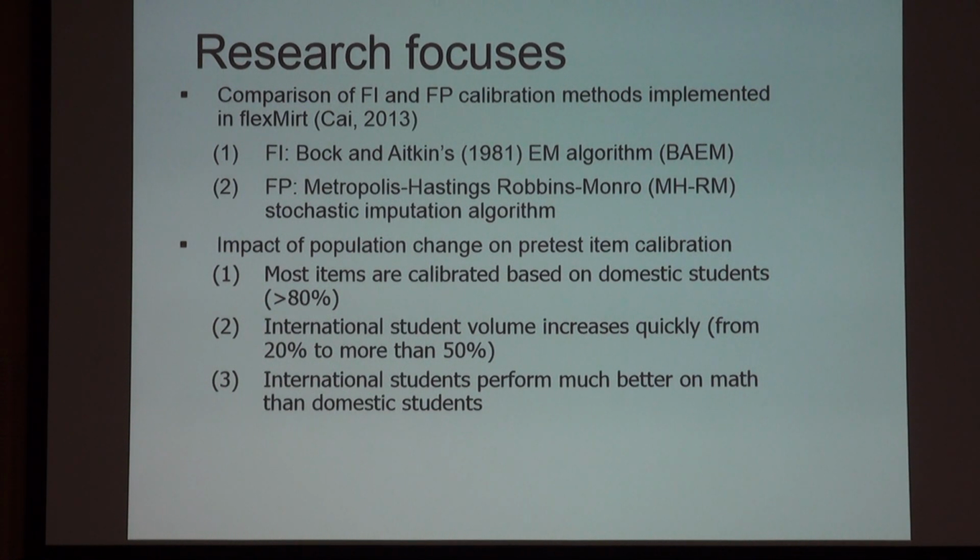And on average, they score higher in quantitative skills than the domestic US students. So we would like to see how robust these two methods are when we have this population ability change.